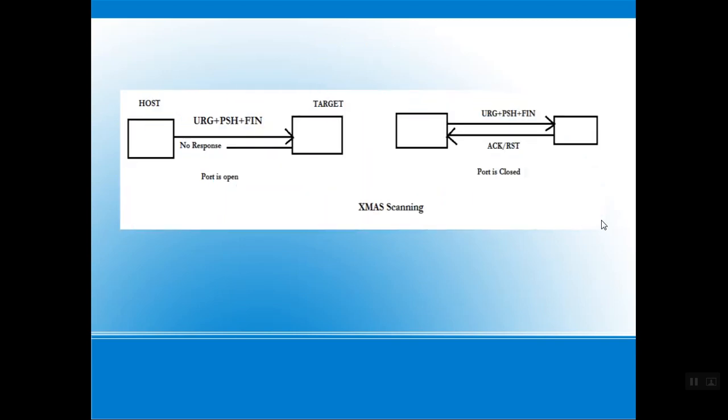The graphical view of how the XMAS scanning is working is shown here. We are sending from the host the URG, PSH and FIN flags all together to the target. If we are getting no response, we can interpret that the port is open. While if we are getting an ACK or RST packet response, we will say that the port is closed.